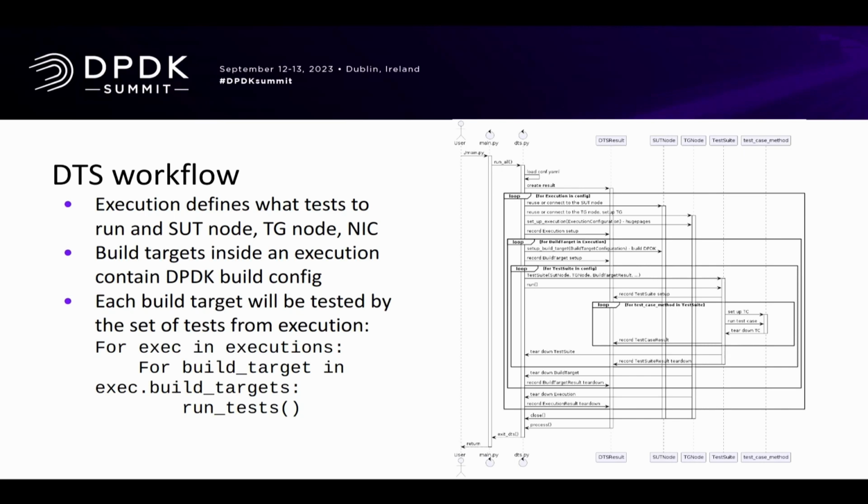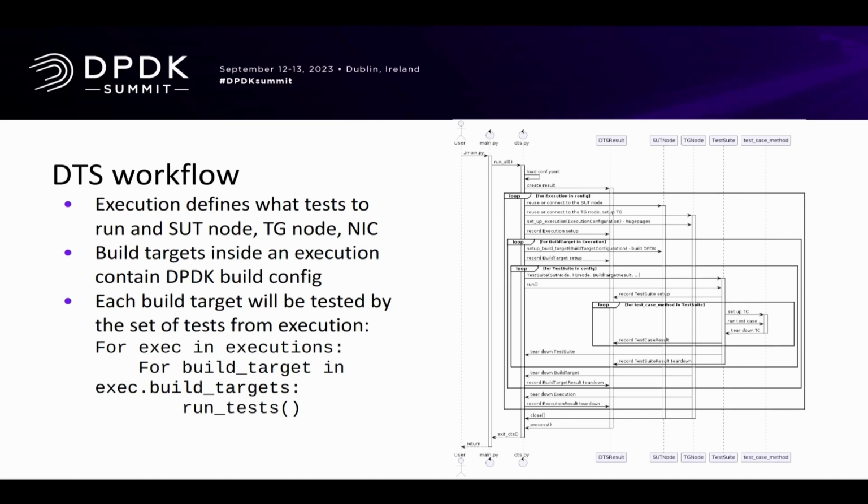They define what DPDK build config to use, but currently we only support different compilers such as GCC or Clang. Each build target, for example one built with GCC and one with Clang, will be tested on the test beds that we defined in the execution, running the tests defined there as well.